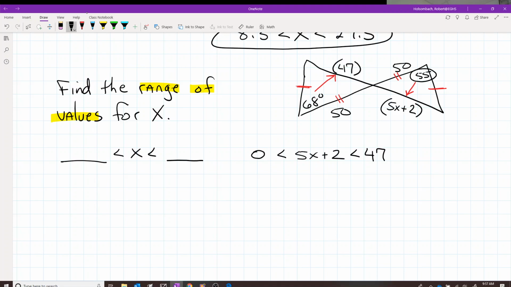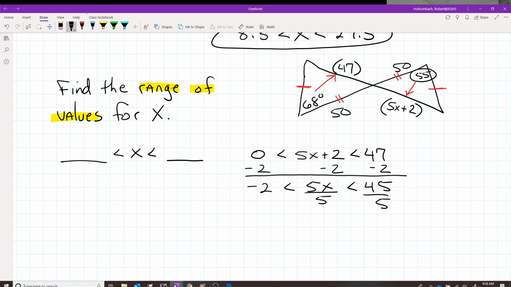So solve the compound inequality. Subtract 2 from the middle, the right, and the left. And divide everything by 5. So negative 2/5 is less than x, which is less than 9.